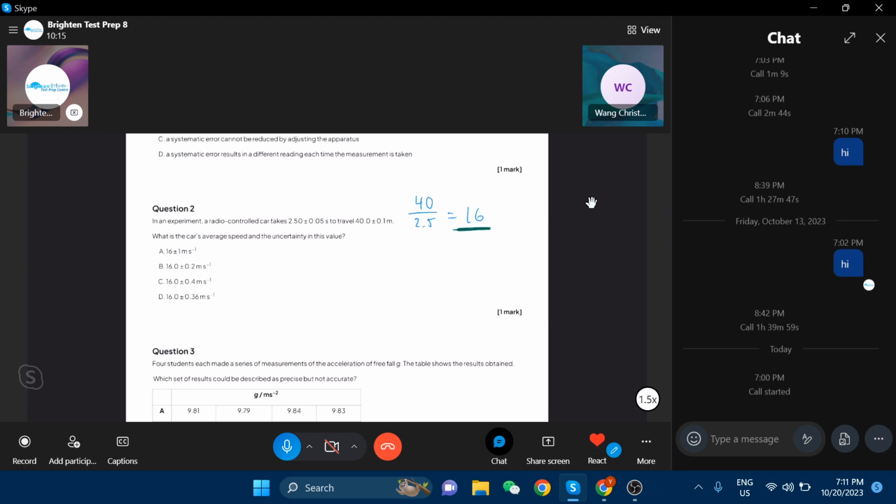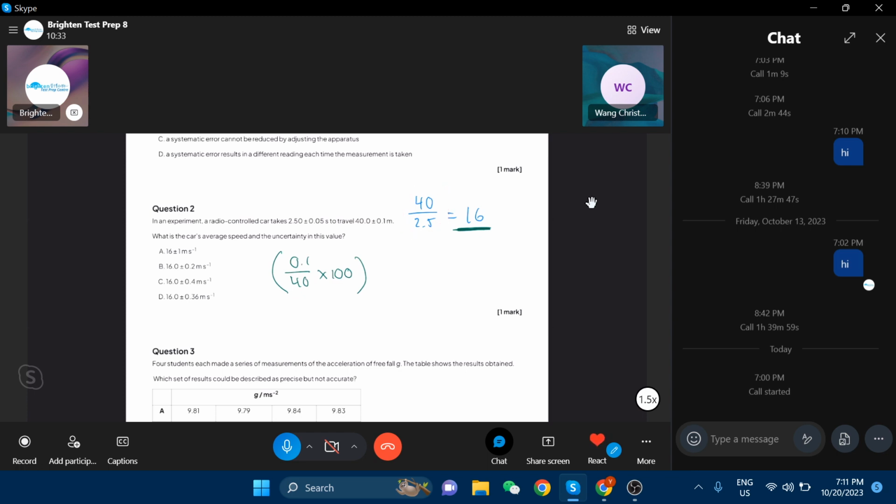That's why I said these multiple choice questions are not necessarily simple. Is it 0.1 over 40 divided by 0.05 over 2.5? Now that's the question. The value is the result of a division.